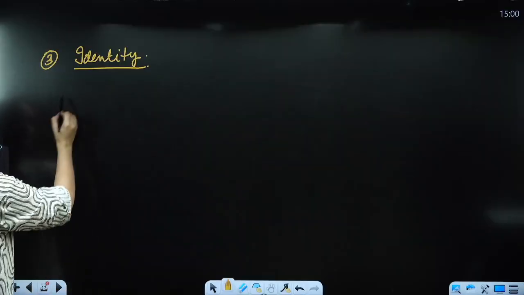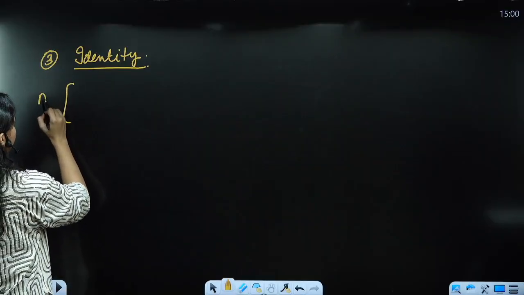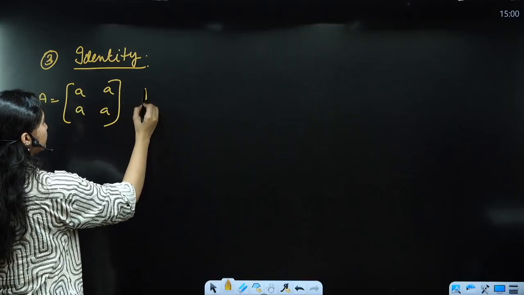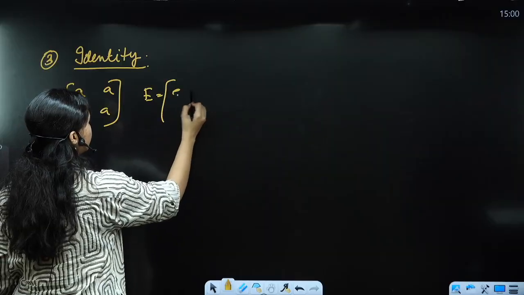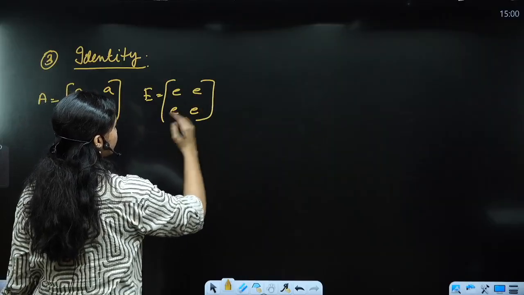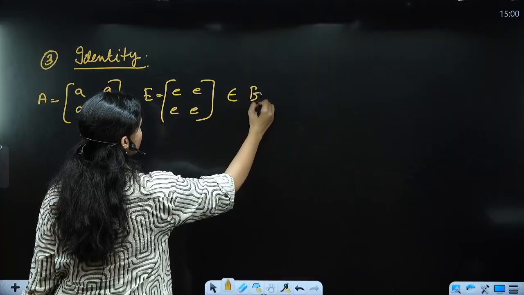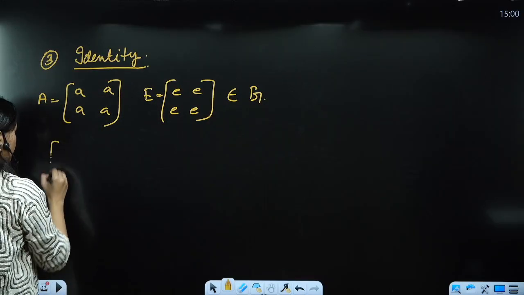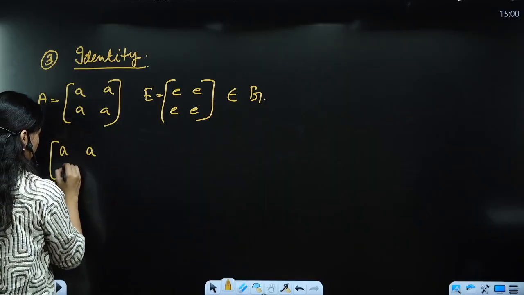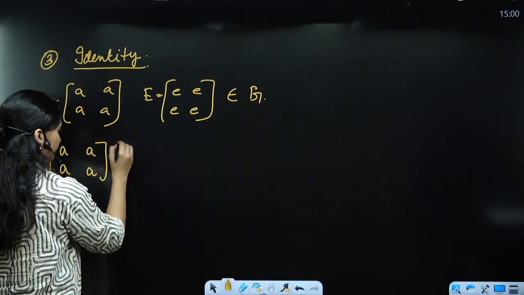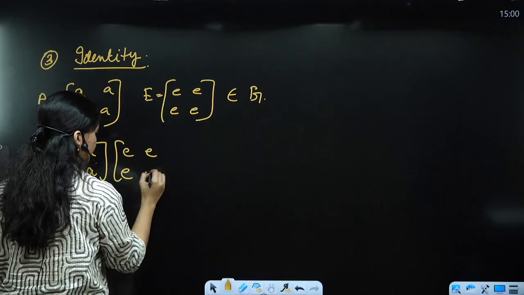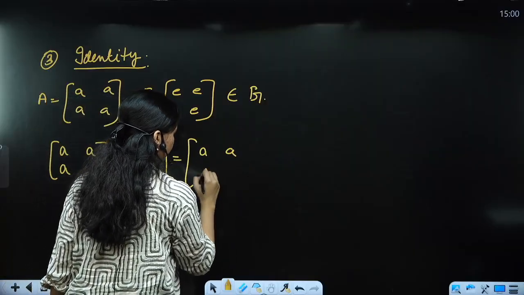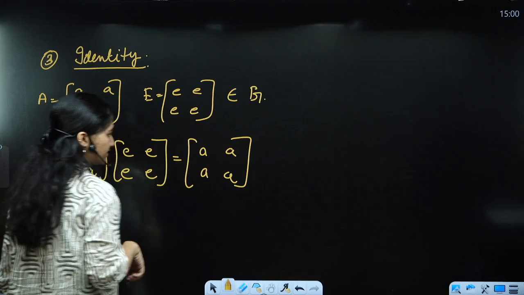Chalo, so let's say you have A equal to [a a; a a], and let E be the identity matrix, and both belong to the group, right? So I'm supposed to figure out the value of E, for which when I multiply with this matrix I'm going to get the same matrix again, right?